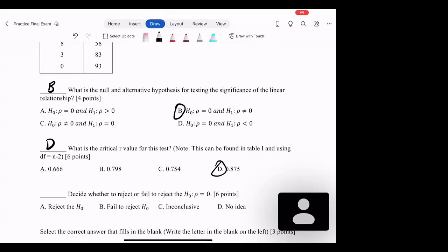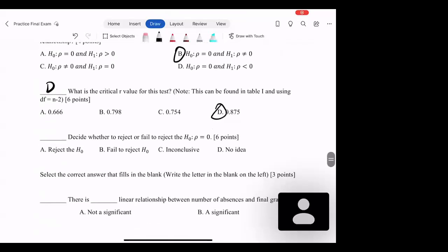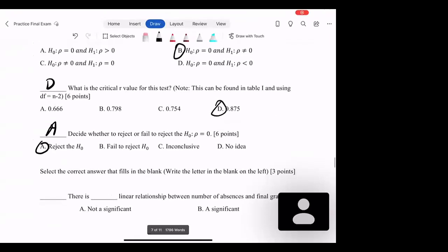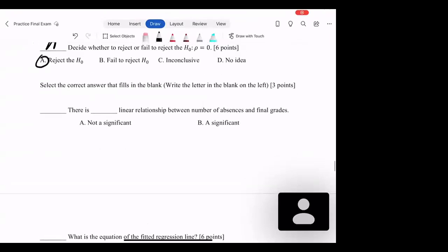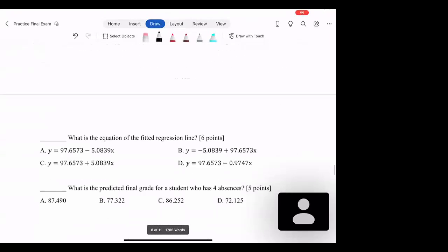Yes. Therefore, you reject. There is a significant linear relationship between the two. Why? Because you rejected the null hypothesis that rho is equal to 0 in favor of the alternative that rho does not equal 0.